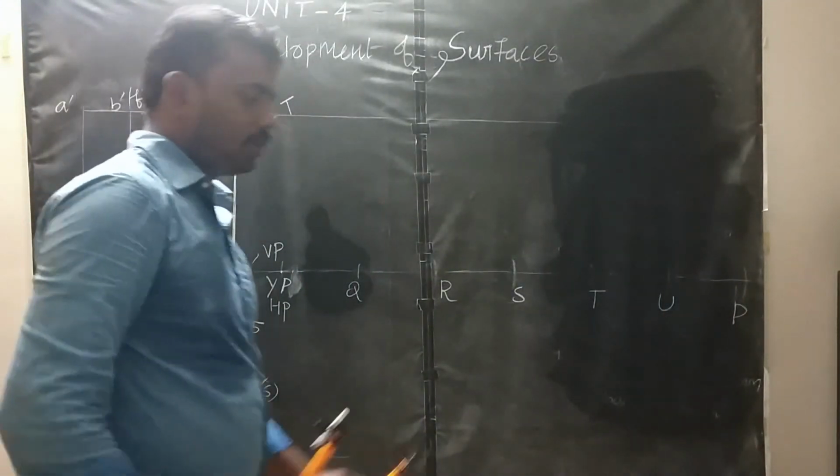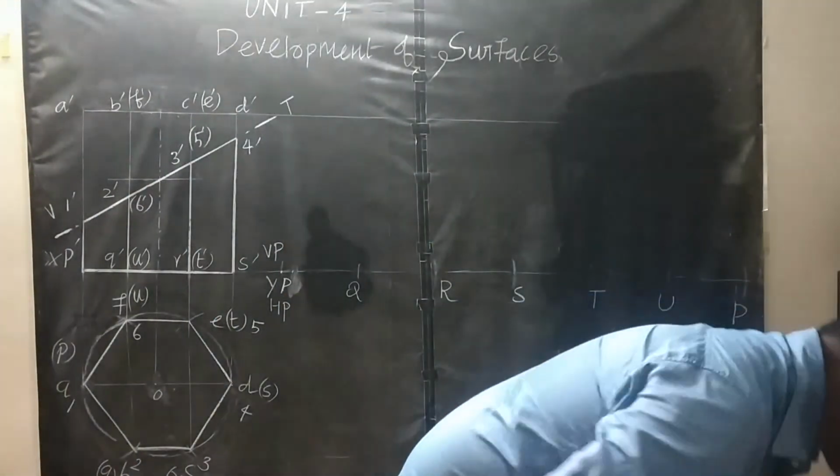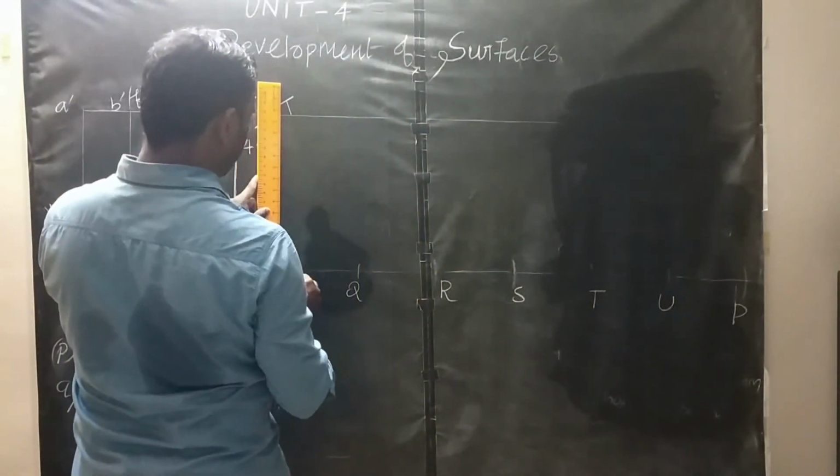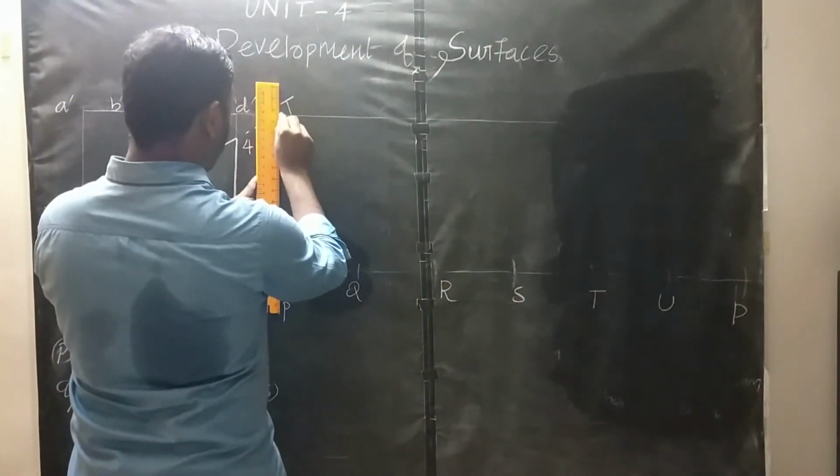Then from this point draw a vertical line up to the top horizontal line. From point P, draw a vertical line up to the top horizontal line.